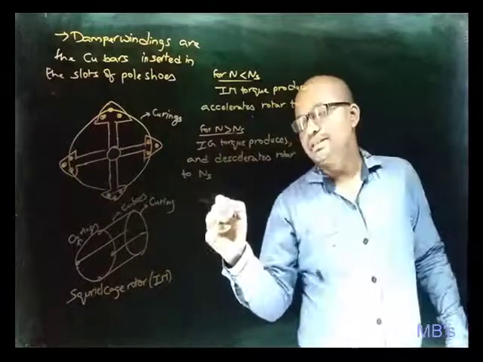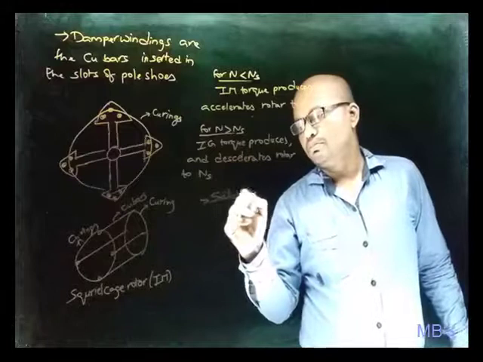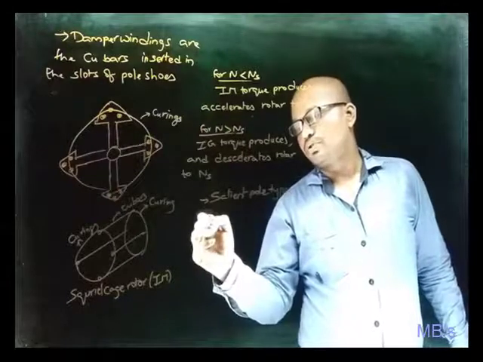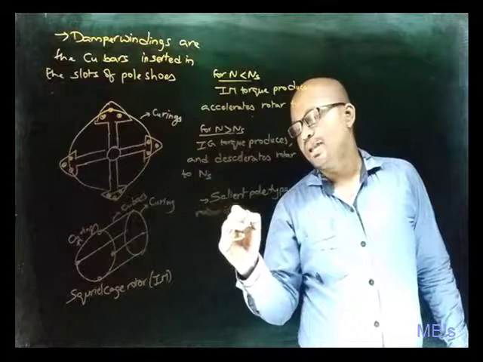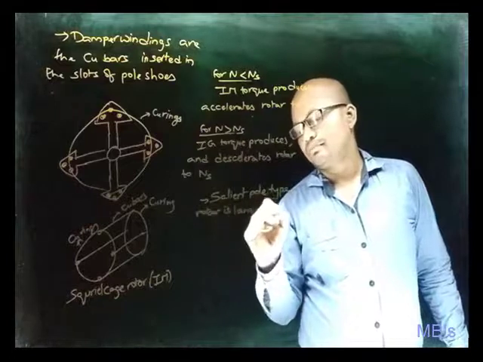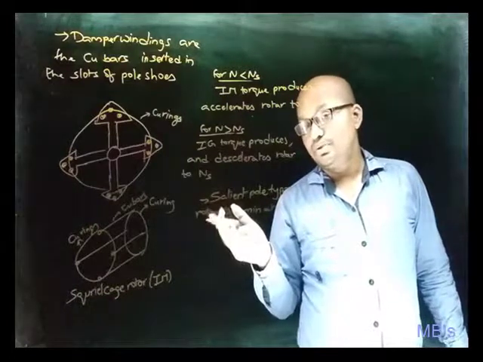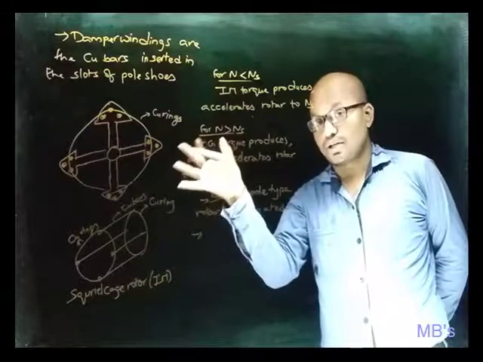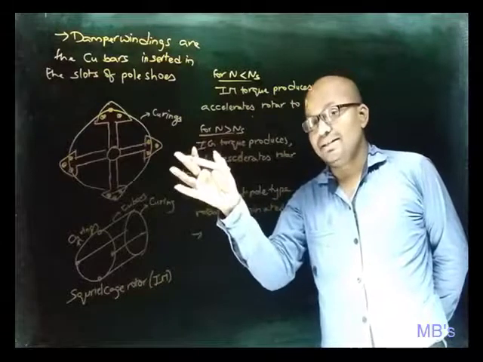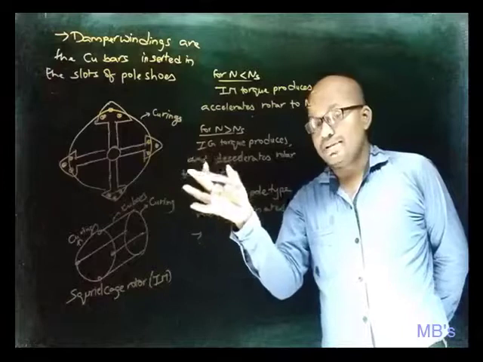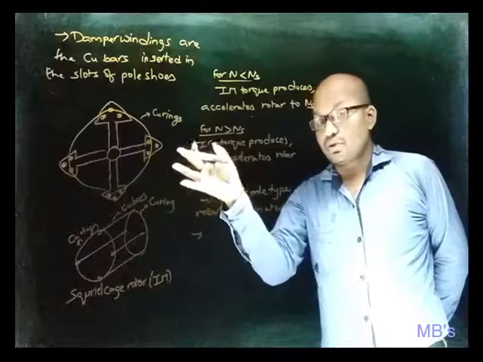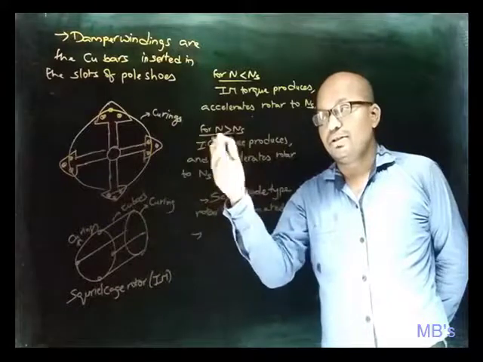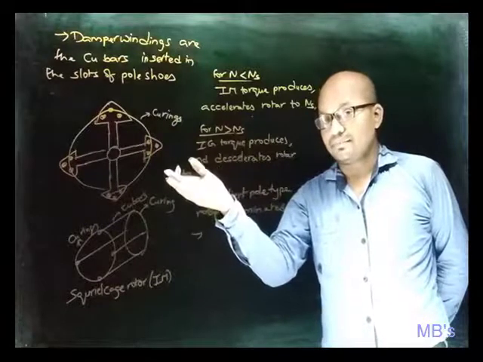Next, the salient pole type rotor is a laminated structure, laminated in order to reduce the eddy current loss. And if you observe the salient pole type rotor structure, this is mechanically unbalanced. Means if you use this rotor for higher speeds, because of centrifugal forces, this structure can't withstand.